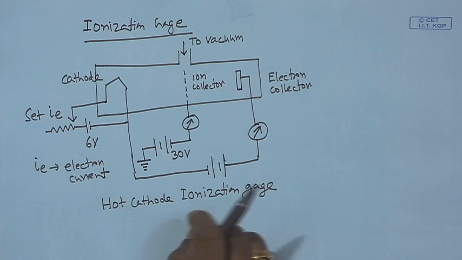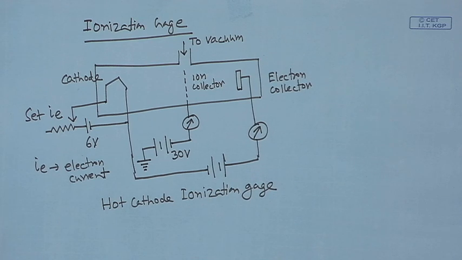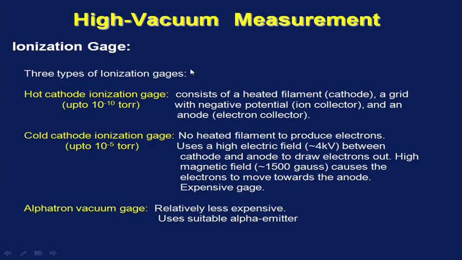There are three types of ionization gauges: hot cathode ionization gauge, cold cathode ionization gauge, and alphatron vacuum gauge. We have three different types of ionization gauges. What we just discussed is hot cathode ionization gauge.